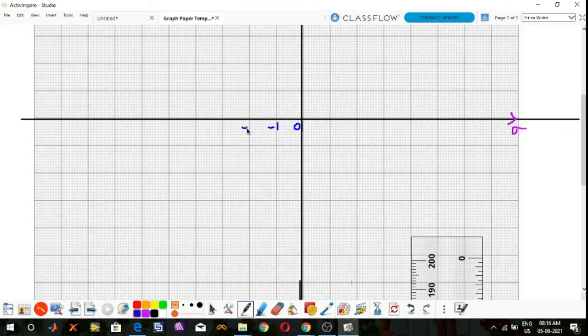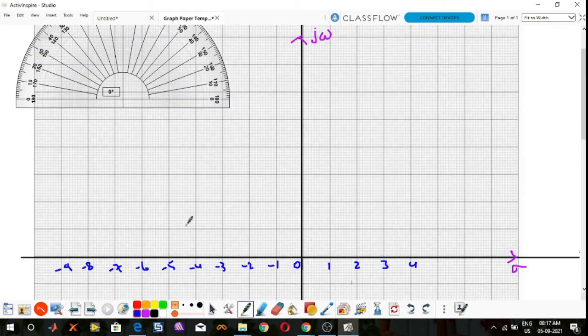On the negative real axis the scale is -1, -2, -3, -4, -5, -6, -7, -8, -9, -10, like that up to -50. And this is the positive real axis: +1, +2, +3, +4, like that up to infinity. And this is the positive imaginary axis, and this is the negative imaginary axis.